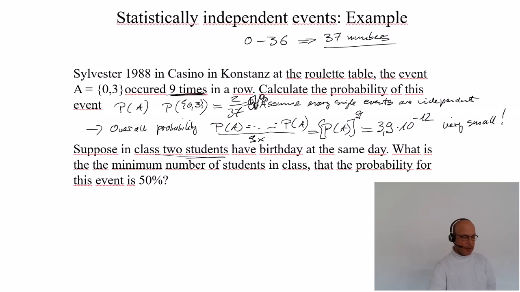How many students have to sit in class or to enter this Zoom room so that the probability is 50% or larger that you have your birthday on the same day as somebody else in class? Just estimate.